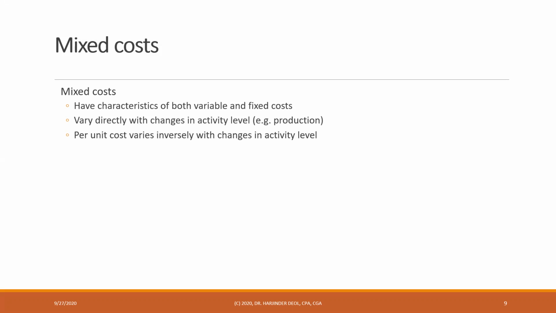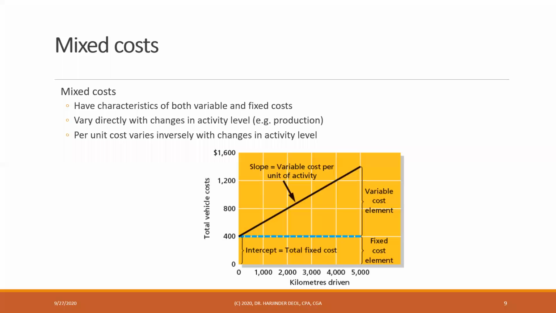So one cost element would represent the characteristics of fixed as well as variable. Some examples of your mixed cost is your maintenance cost, where the salaries is fixed, but the direct material that is used in production or in maintenance will be the variable piece. The other example could be your utility bills, where there is a fixed portion as well as a variable portion.